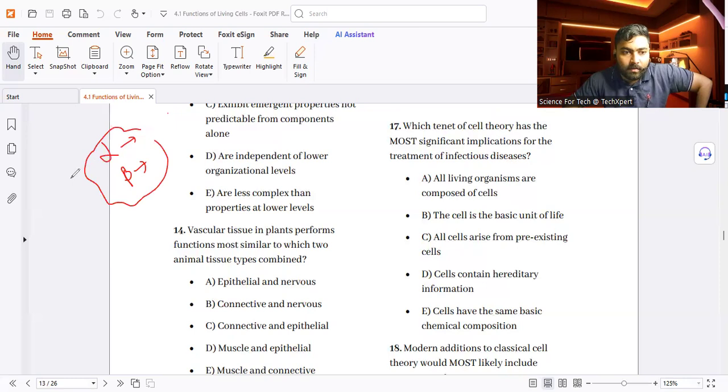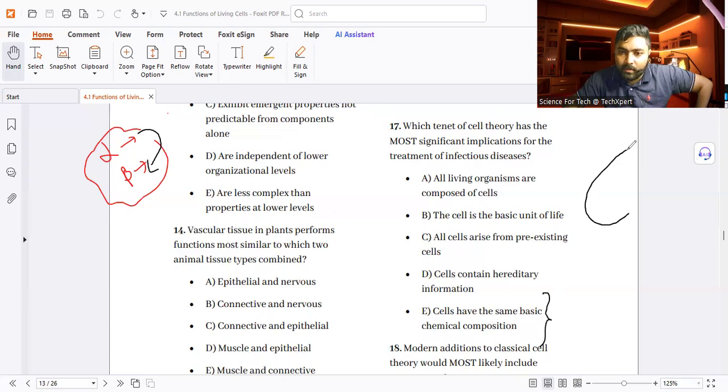That means this makes mutations very rapidly. But in other cases, like bacteria and fungi, those take years and years to make mutations. Basically, they have the same basic chemical composition.